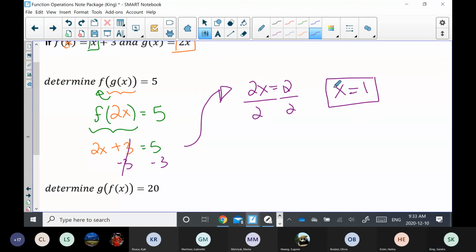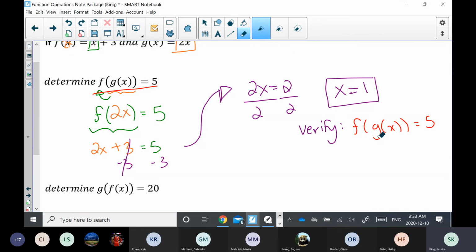Again, we could verify this, and you'd be required to verify on your test. What we were verifying was f of g of x is 5. On a test, you would delete that x, erase that, and we're going to verify when x is 1.